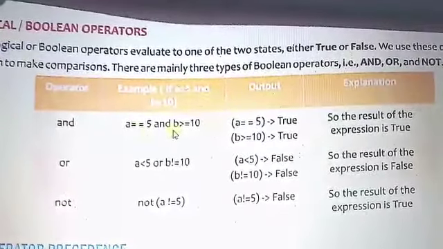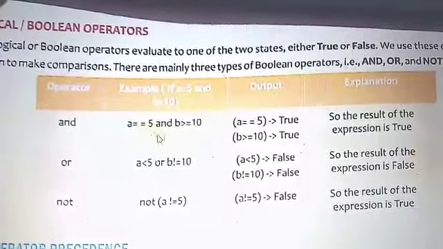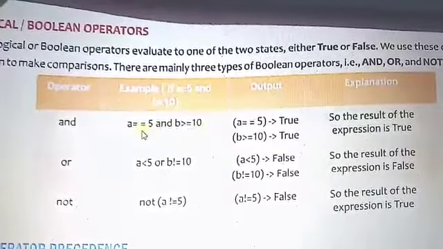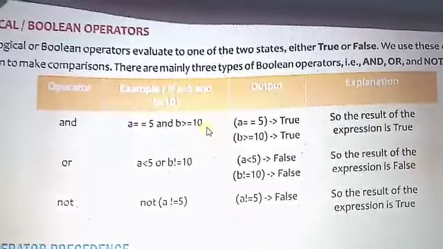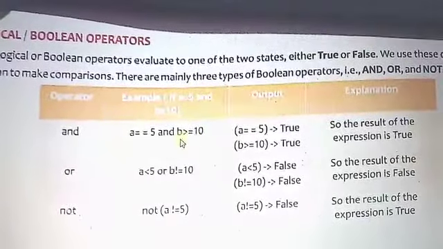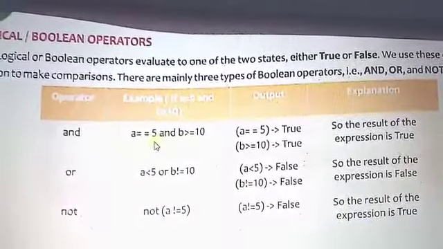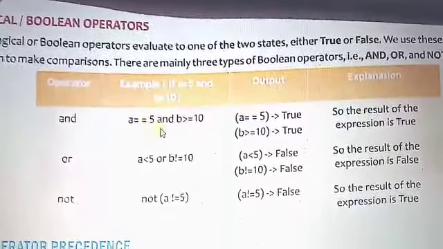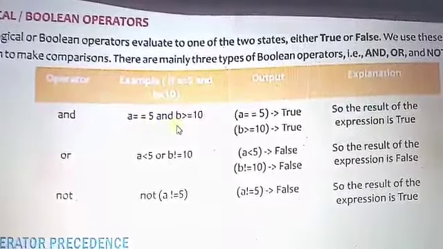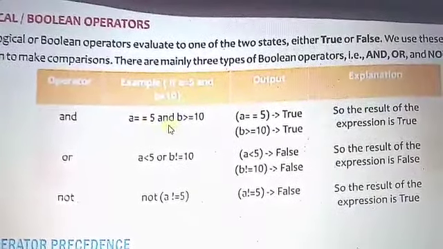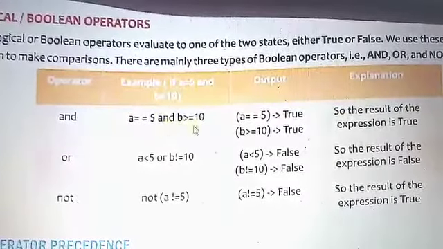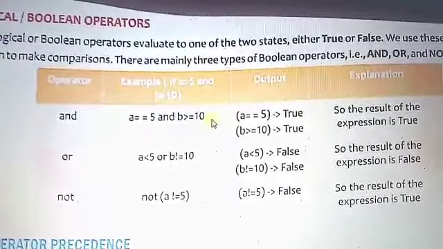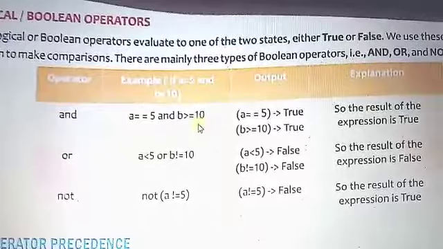If both expressions evaluate true, in that case the output is true. So the clear concept about the AND logical operator is that if all the conditions combined with AND are evaluated true, then the final output is true, otherwise it returns false.